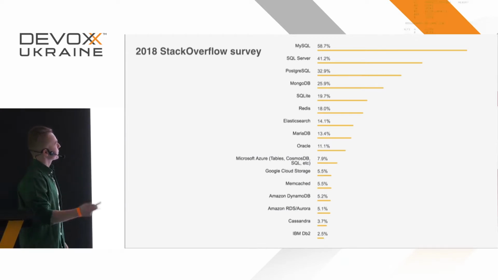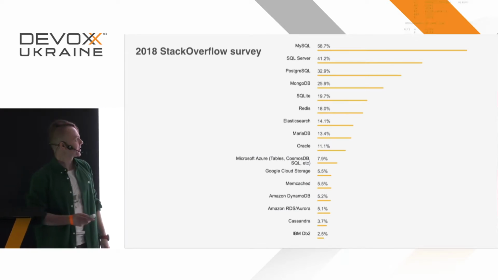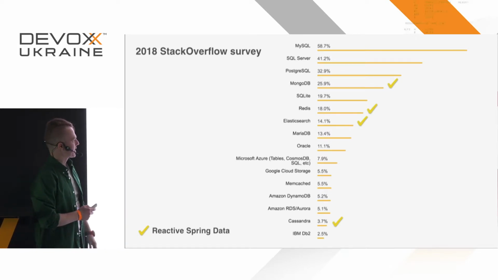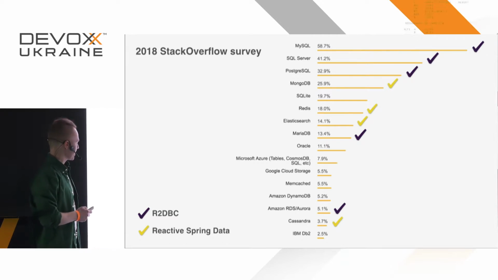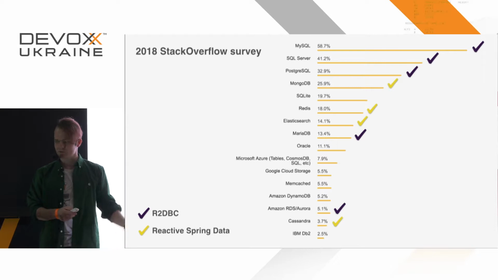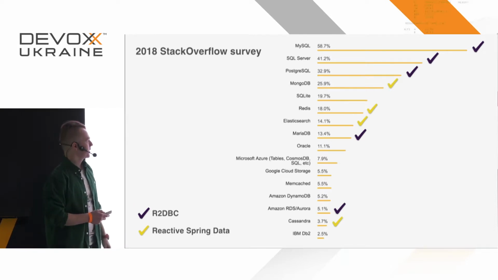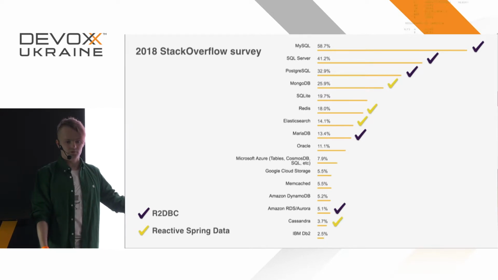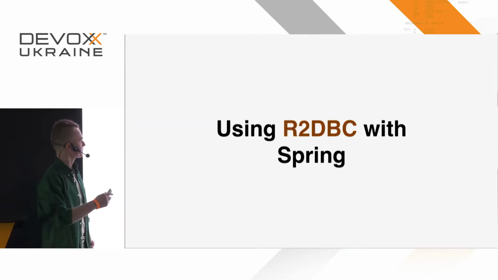So let's look at what we have from the coverage standpoint. This is what we have from the reactive NoSQL databases, and this is what we have from R2DBC. It's kind of the most popular databases that were in use a year ago. And yeah, it's not 100%, but it's pretty good for most use cases.